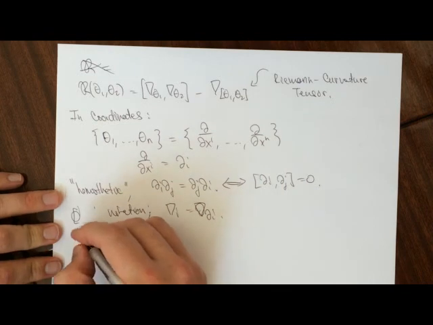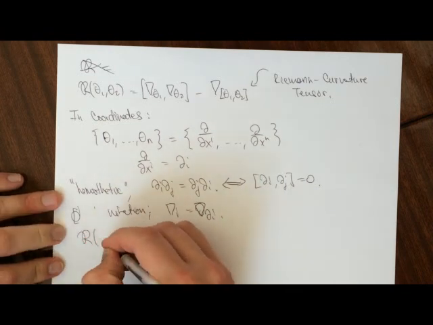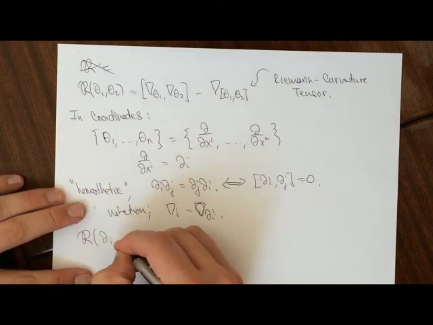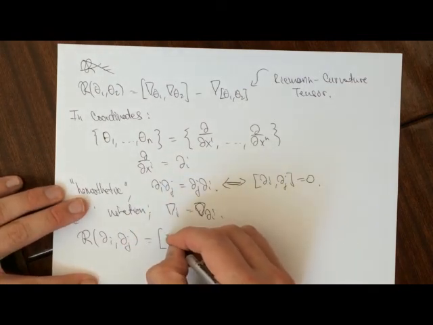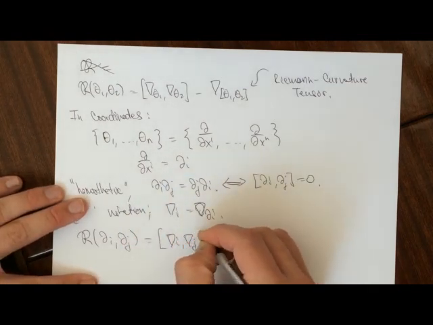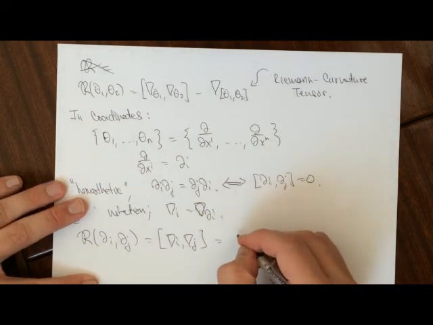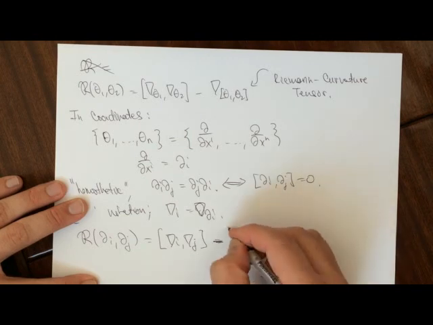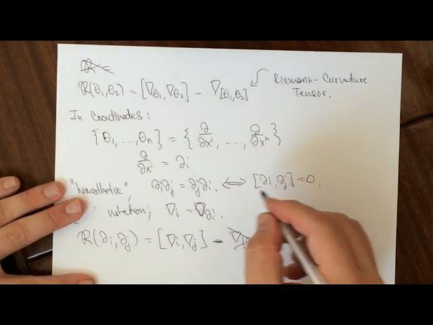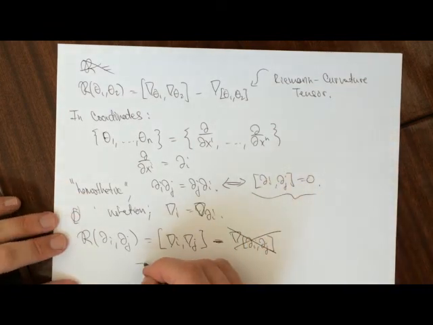Okay, and so now we can start to compute what this thing looks like. For d_i and d_j, this guy will be these, and then this will be minus this guy. Okay, and this thing goes away because of this relation here.